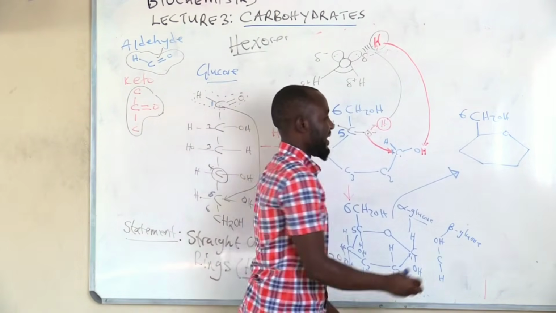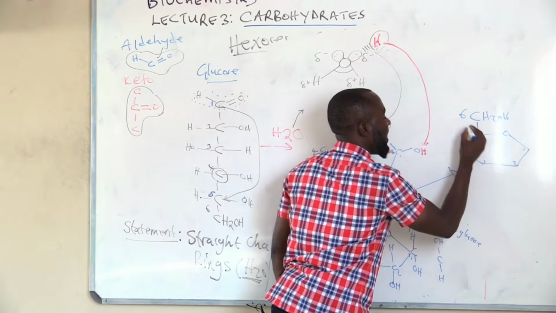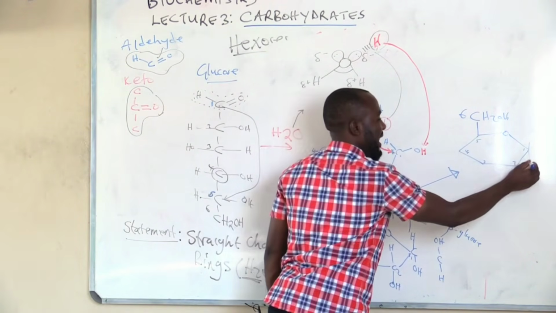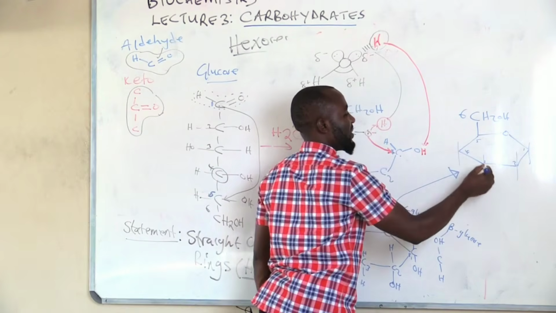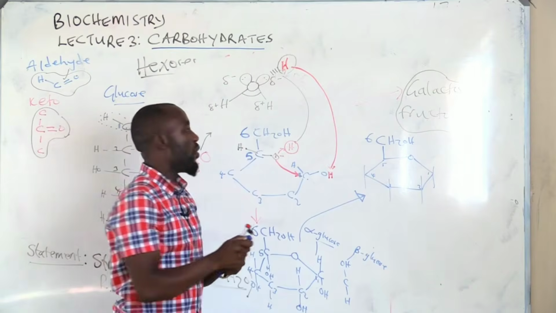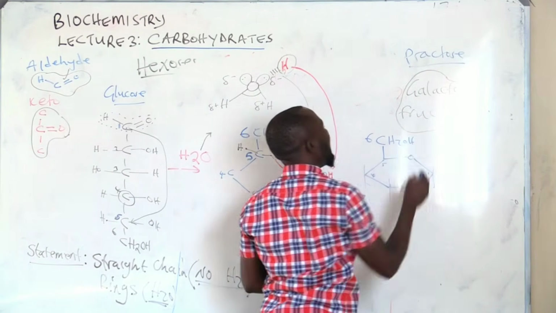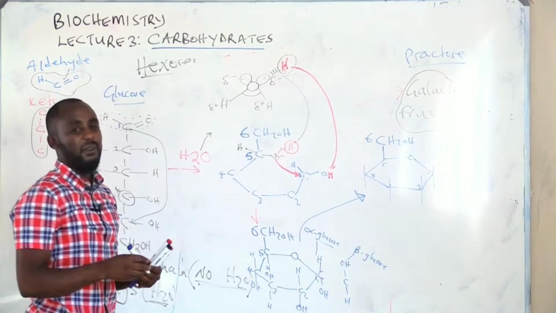In doing that, you still know that this is number 1, number 2, number 3, number 4, 5, and 6. Then just put lines in order to indicate the locations of OH and H. That's what we show. Go and practice the same process I've explained on galactose and fructose.